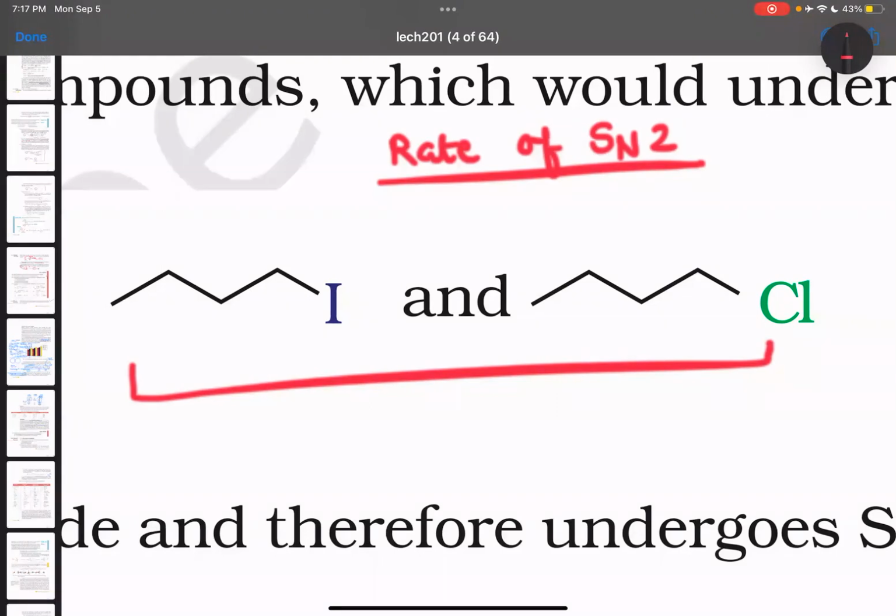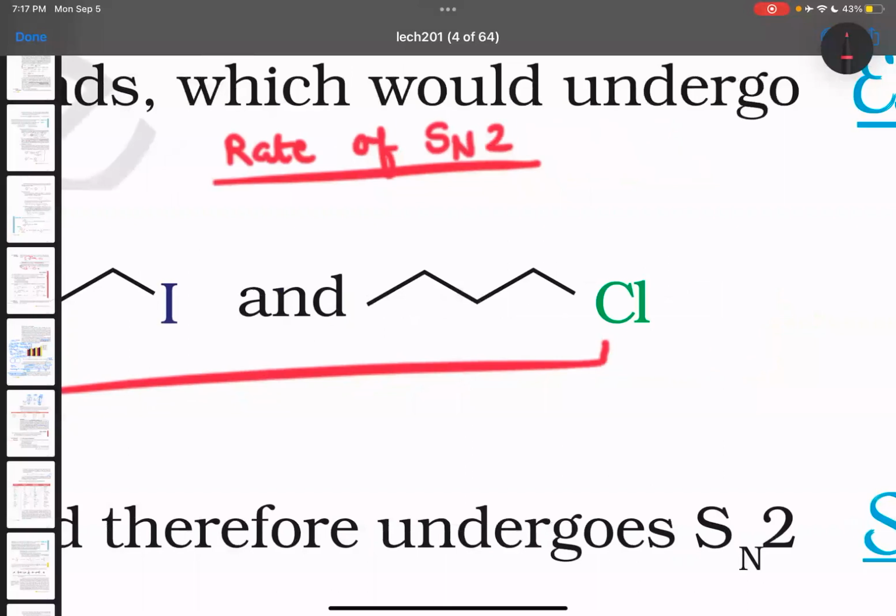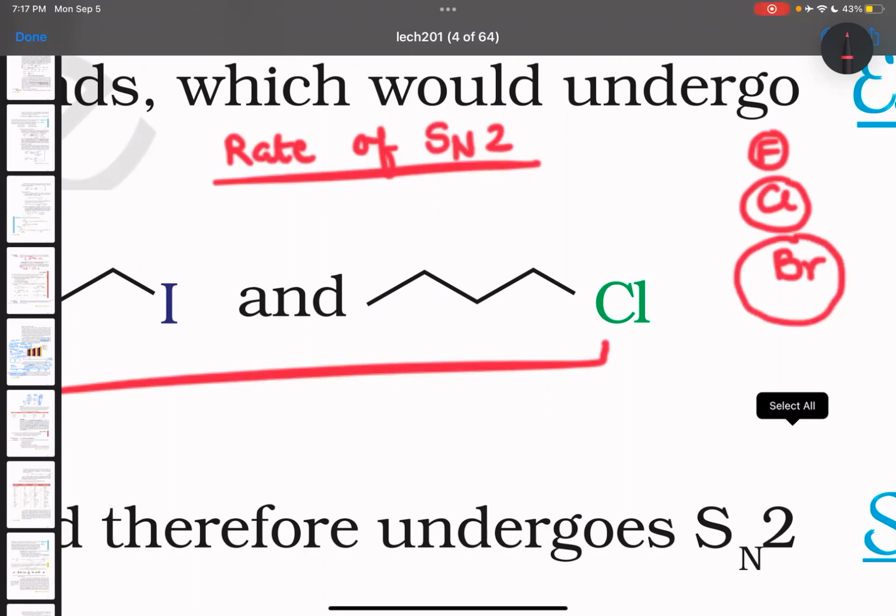Okay, so let me tell you one fact. Fluorine is a second period element. Chlorine is a third period element, so its size is going to be larger, and fluorine is going to be smaller. Br is a fourth period element, and iodine is a fifth period element.